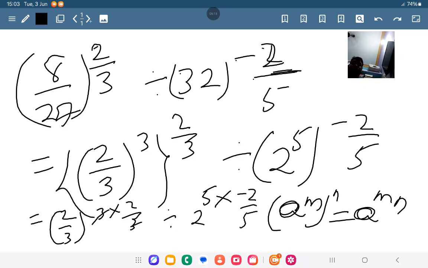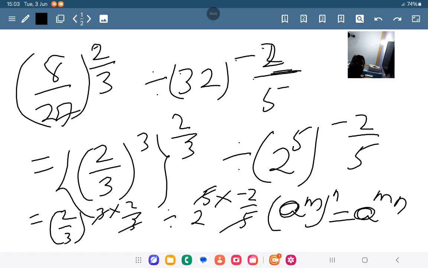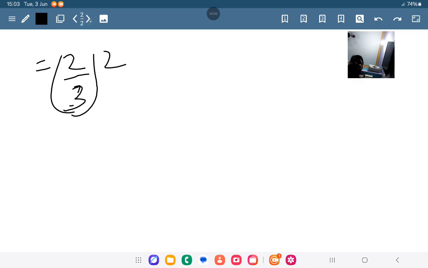So 3 will be cancelled, 5 will be cancelled. Now it will be 2 by 3 whole power 2, divided by 2 to the power minus 2.